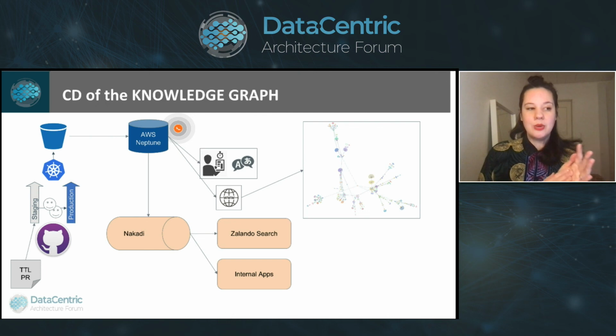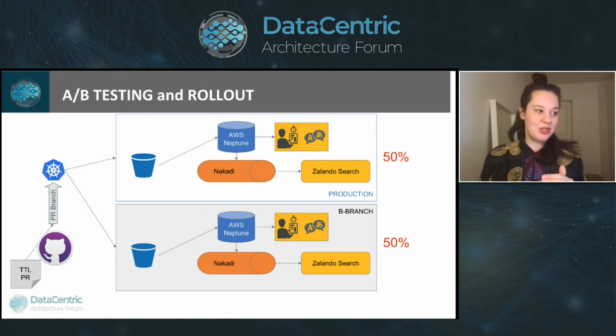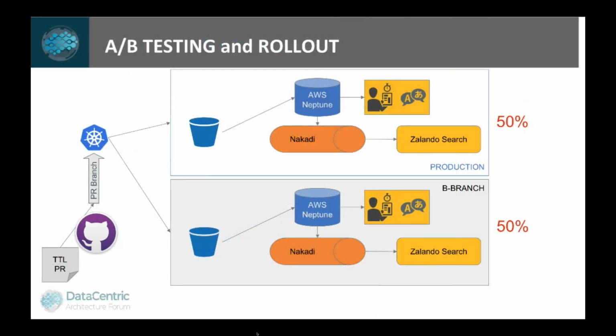And so next, I would like to just show you how we can do A/B testing. So that's my second architectural diagram, and I hope you can understand the picture. So if we go to the next slide, it's a pull request again.